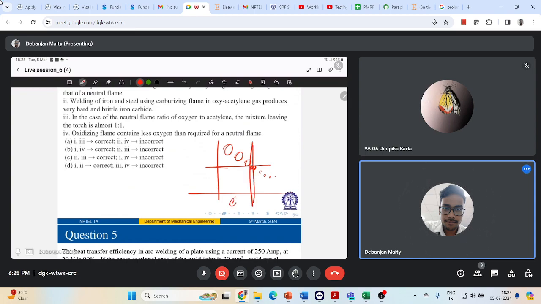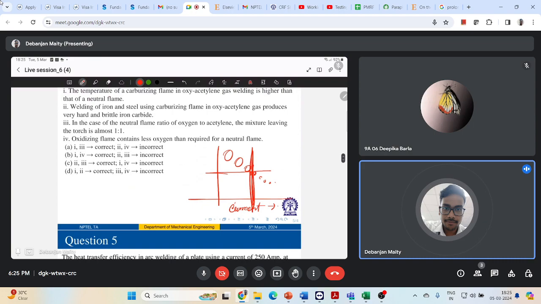So this is my current. After some threshold current, there will be a transition from globular transfer to spray transfer, right?